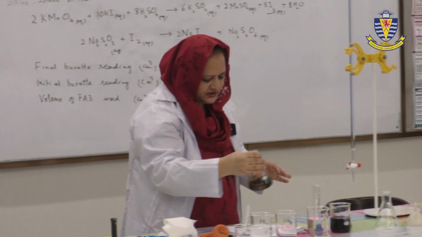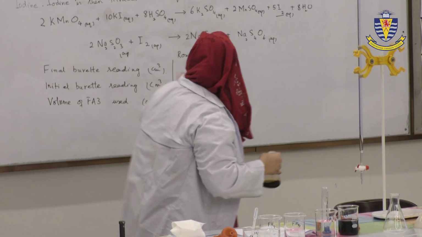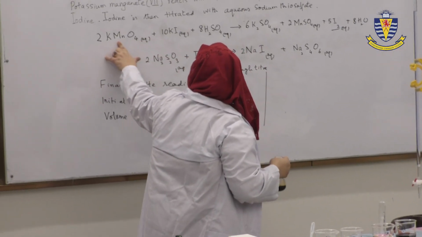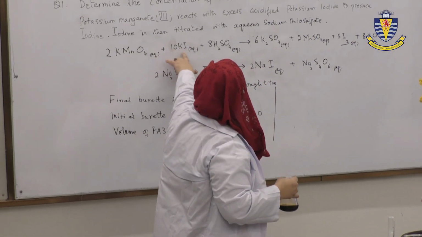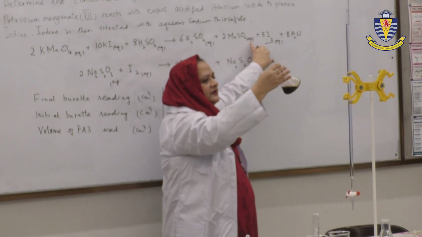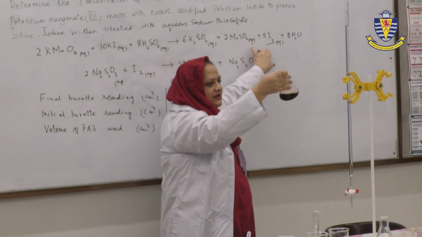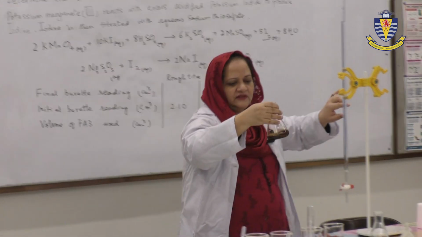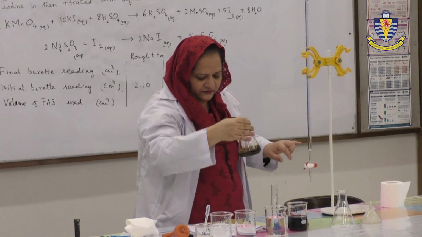Now your solution has been formed in which this iodine has been liberated. KMnO4 has reacted with potassium iodide and the iodine has liberated, and it has turned the solution a reddish brown in color, and there are the solid iodine specks also that is being formed.